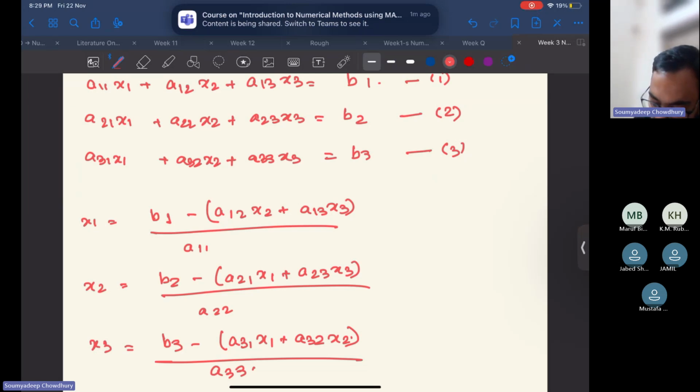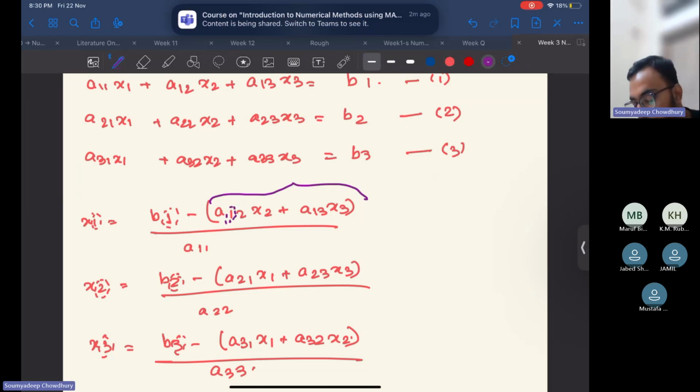See here, once we are finding out x of 1, here it is 1, x2, this is 2, this is x3, this is 3. And within the bracket, this sum, the row element is the index corresponding to the value of x which you are finding out, and the column number 1, 2, 3 is continuing. Only the particular term which you are evaluating, that is x1, that term is not there.